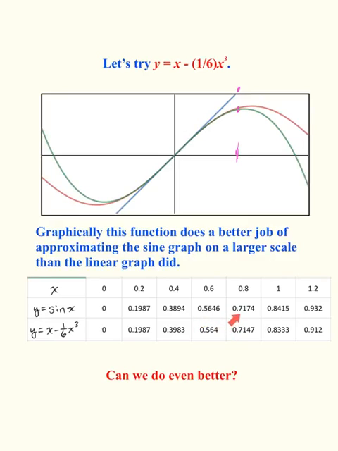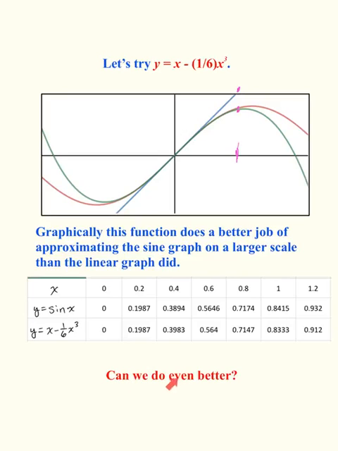Over here, it's off by a little bit. And even all the way out to 1.2, you see it's not really that far off. It's 2/100ths of a decimal off. And so it's going to be a pretty good approximation even out to 1.2.